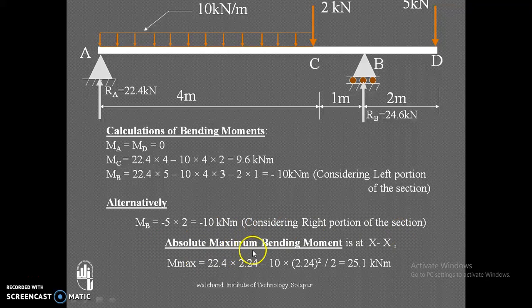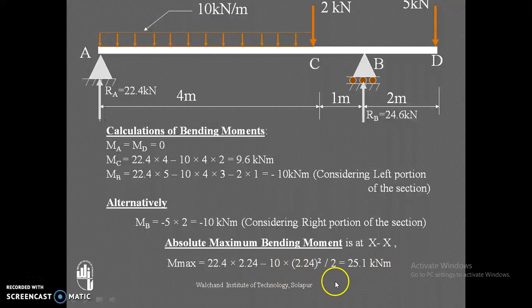Now the absolute maximum bending moment is at XX. So Mmax: XX is the section where shear force is 0. So maximum bending moment is always at the point where shear force is 0. The distance of that XX is 2.24 from A. That's why 22.4 into 2.24 minus 10 into 2.24 square by 2.